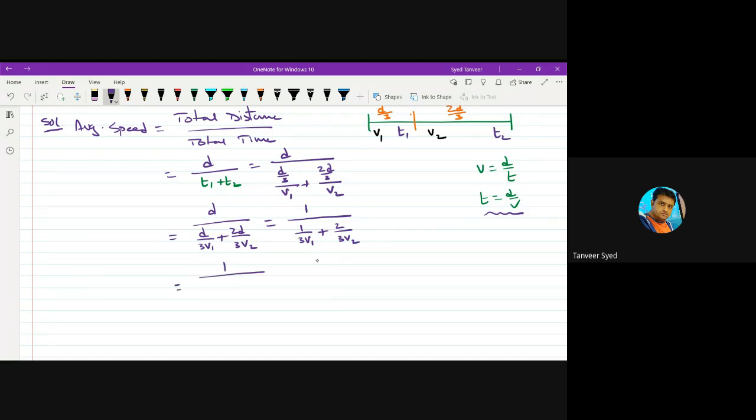LCM in the denominator is 3v1v2. Multiplying, you get v2 plus 2v1. This 3v1v2, which is in the denominator of the denominator, becomes numerator. So it is 3v1v2 by 2v1 plus v2. This is the average speed.